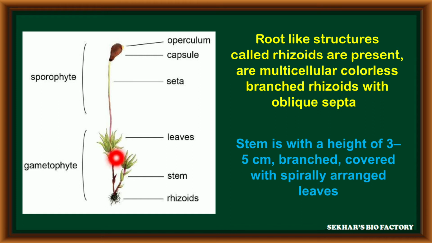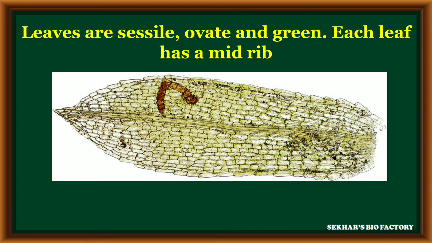The stem-like structure, with a height of 3 to 5 centimeters and branched, is covered with spirally arranged leaves. In the structure of its leaf, generally the leaf is sessile without stalk and ovate in shape with green color, and each leaf has a midrib.